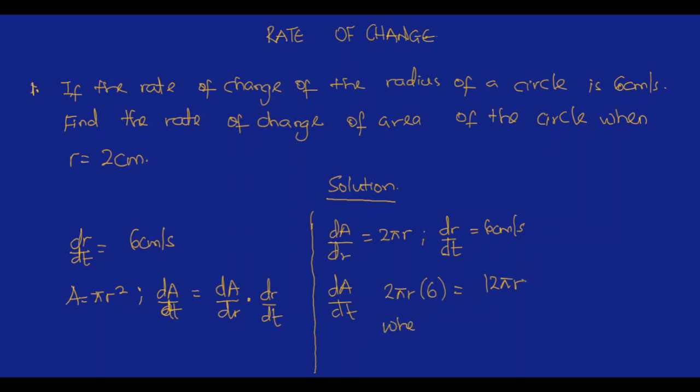So when r is equal to 2 centimeters, dA/dt will be equal to 12 pi multiplied by 2, which is equal to 24 pi centimeters squared per second. And this is going to give us the rate of change of area of the circle when r is equal to 2 centimeters. Let's take a look at another question.